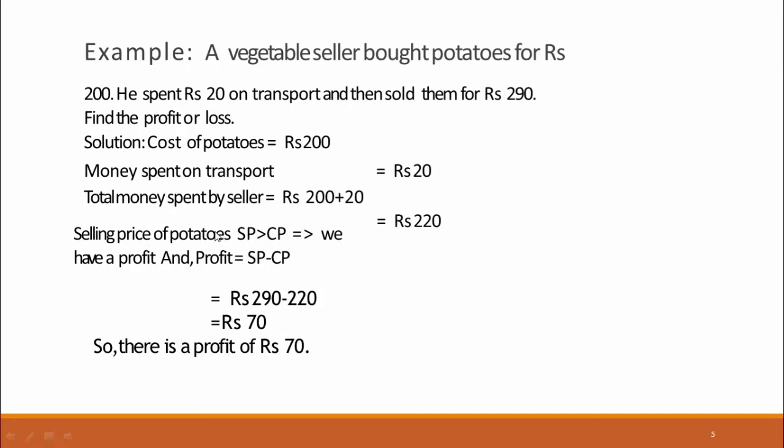Now the selling price of the potatoes, 290, is greater than the cost price, so we have a profit, and profit can be found by selling price minus cost price. Selling price is 290 and the cost price is 220. 290 minus 220 is equal to 70. So there is a profit of 70 rupees.